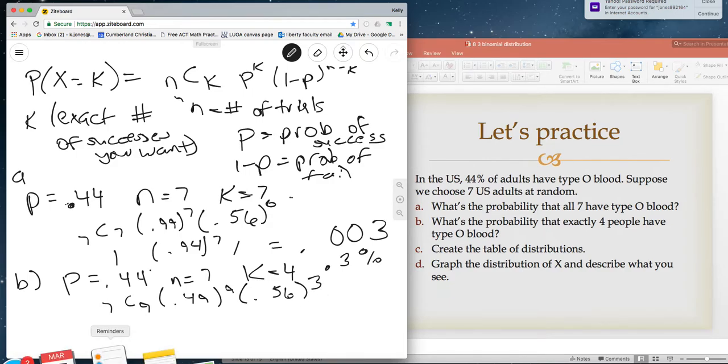So you have to go to 7 and then nCr 3, and that's 35. And I'm going to times that by all these, and I'm not going to write all this out. But basically, we're going to hit times 0.44 raised to the 4th power times 0.56 raised to the 3rd power. And when I plug that into my calculator, I get 0.354. And so that's really 35.4%.